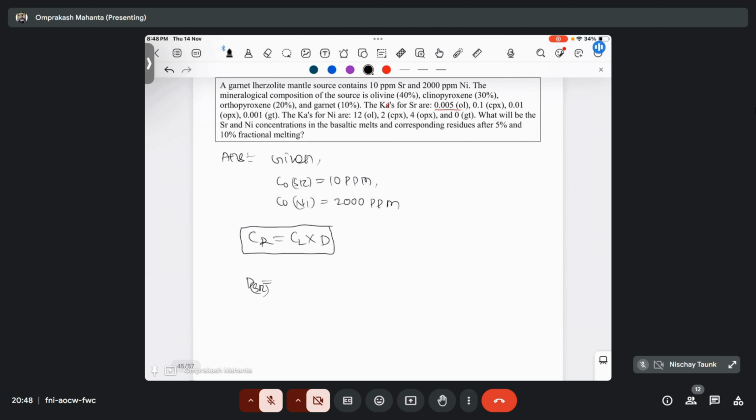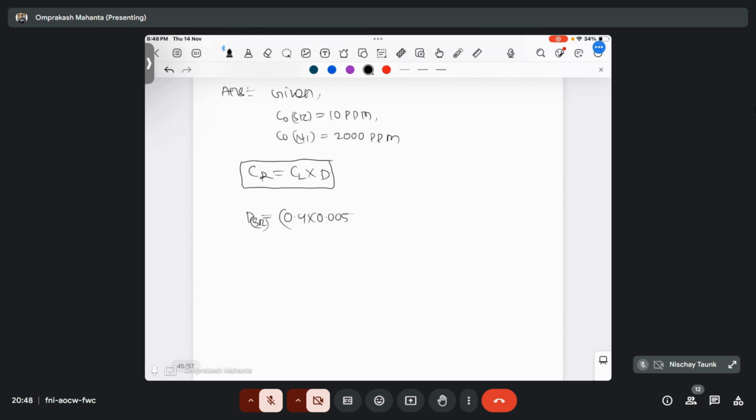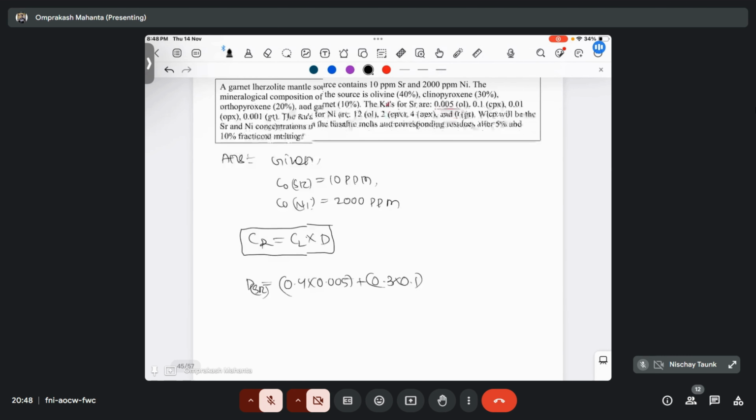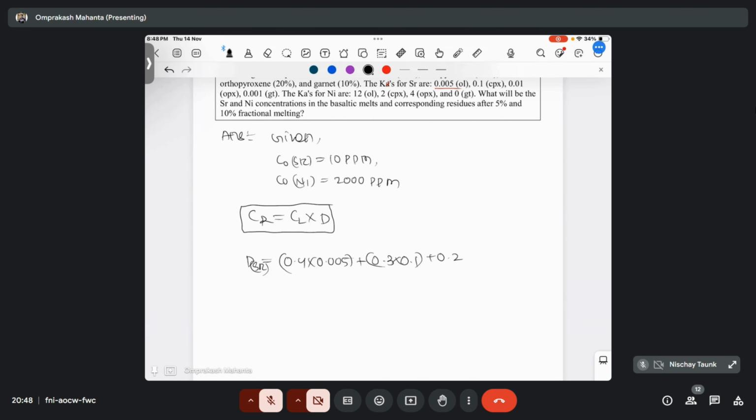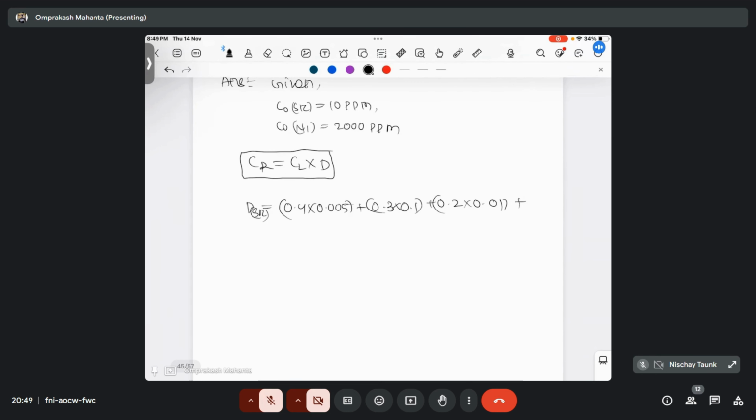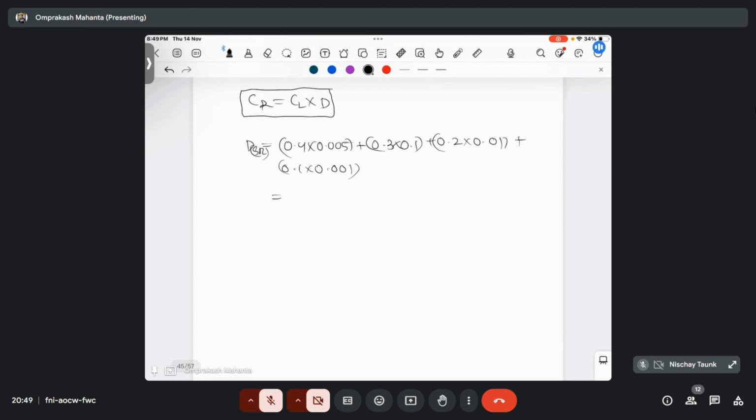For olivine, that's 0.4 into 0.005, plus 0.3 into 0.1, and then 0.2 into 0.01, and then 0.1 into 0.001. So for Sr, the bulk distribution coefficient is 0.034.